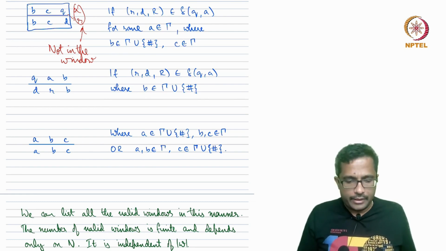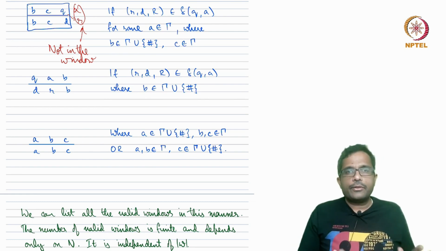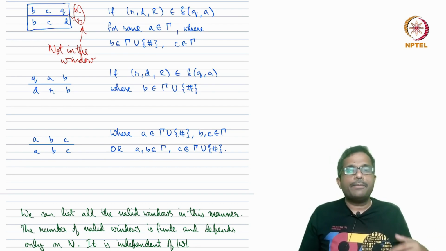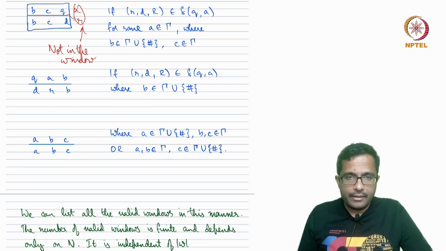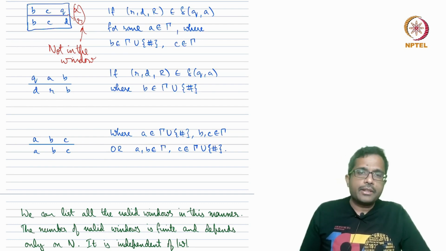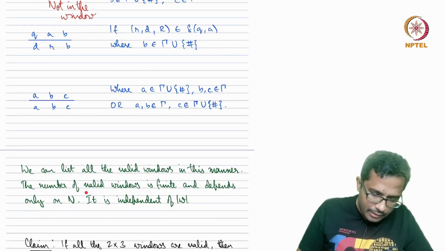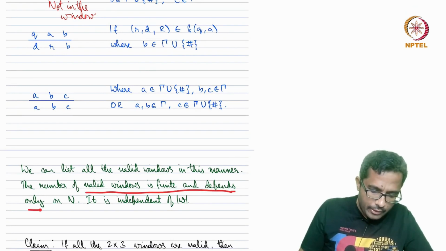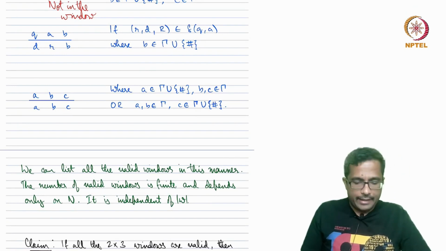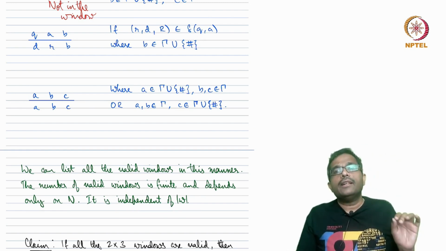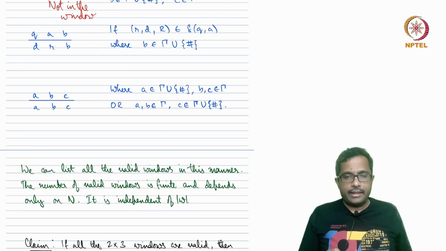So the number of valid windows is a constant, meaning it is independent of the input string, but it is dependent on the Turing machine. So that's what I've written here. The number of valid windows is dependent only on the Turing machine and is independent of the input string. In particular, it is independent of the length of the input string.